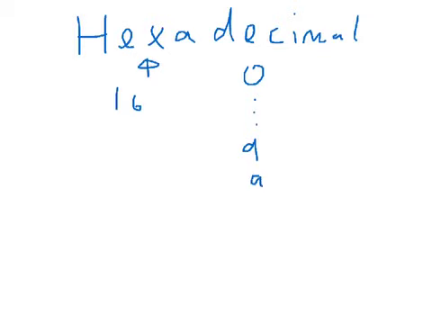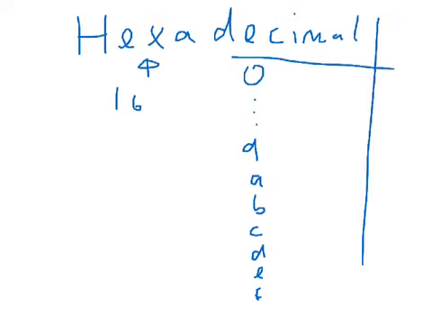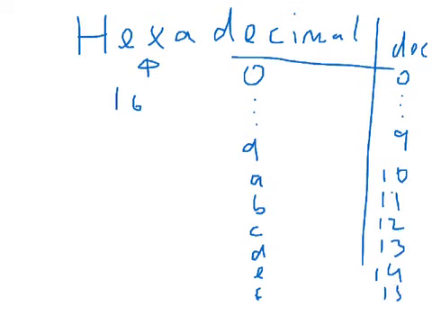So we go A, B, C, D, E, F. This is hexadecimal and this is decimal. So you have 0 to 9 obviously, and then you have 10, 11, 12, 13, 14, and 15. So now you have 16 different numbers in the hexadecimal system, while you have only 10 different numbers in the decimal system.